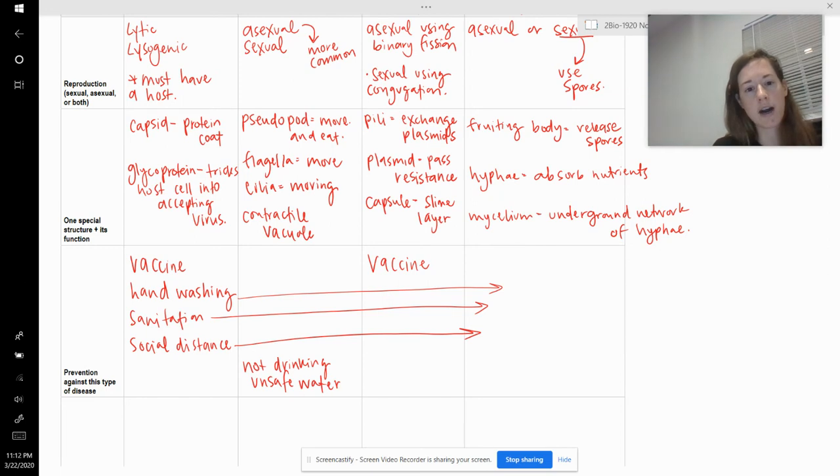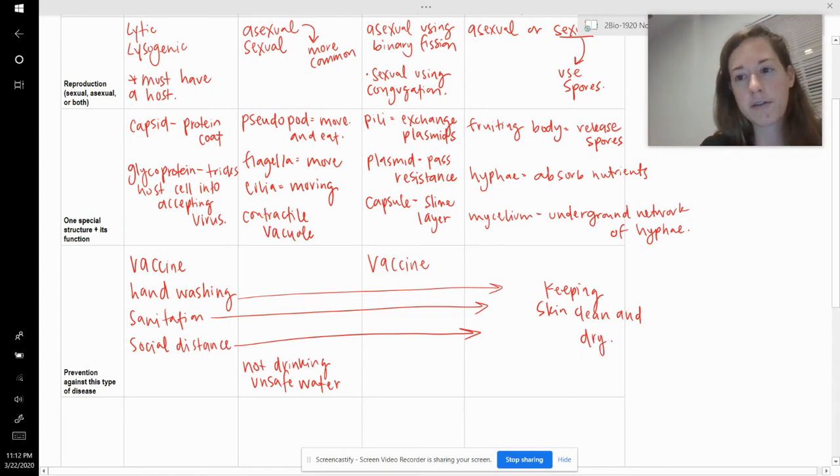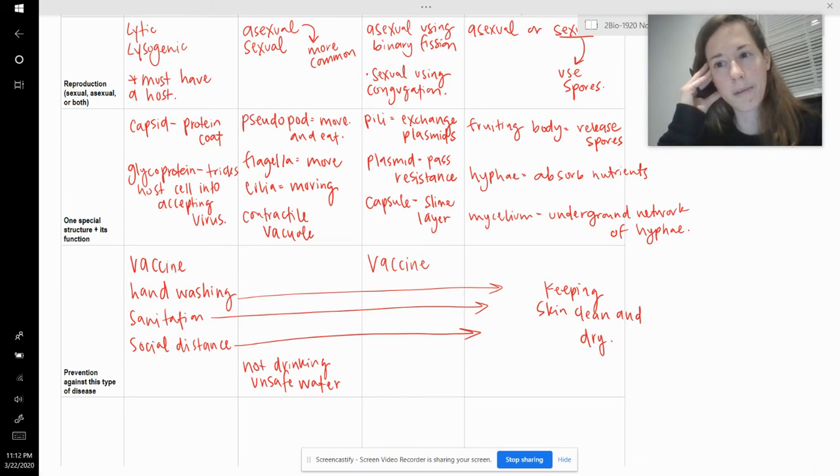For fungi, a big prevention is keeping your skin clean and dry, because some examples of fungal infections are usually rashes. They're like ringworm, which is not actually a worm. It's a rash caused by fungus.